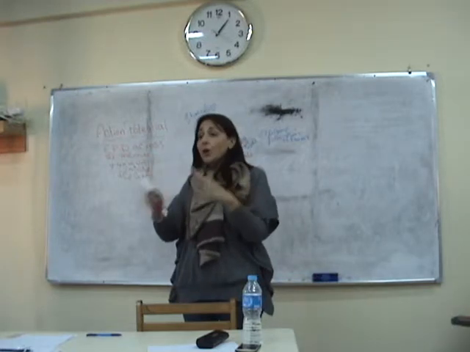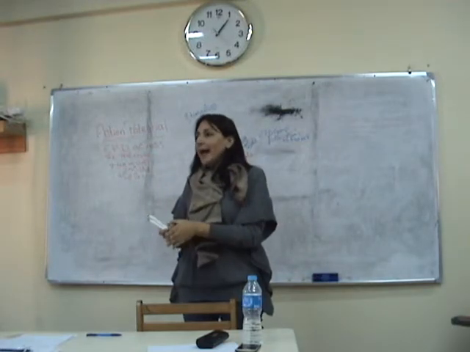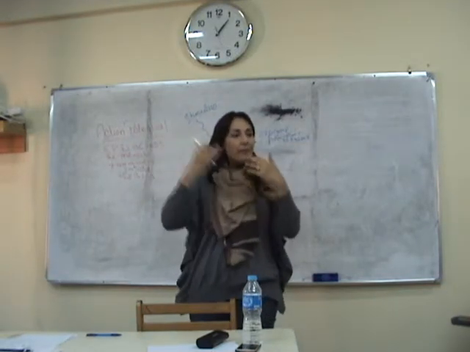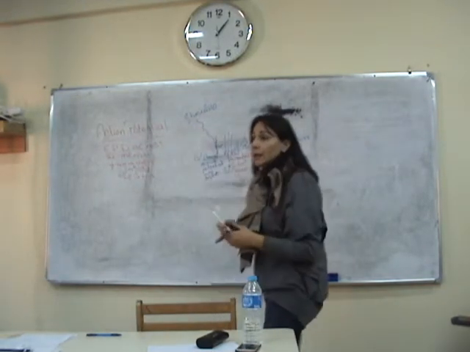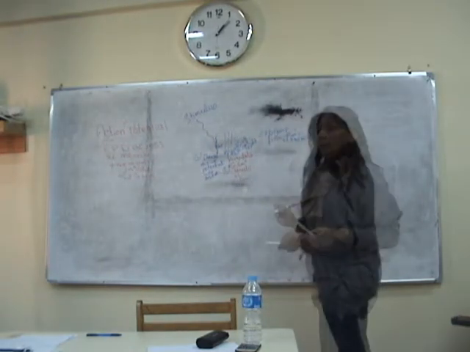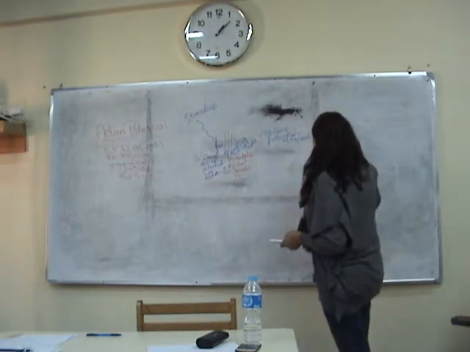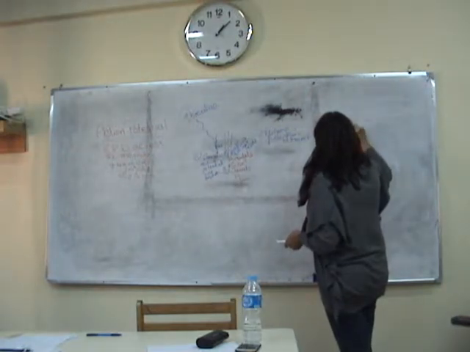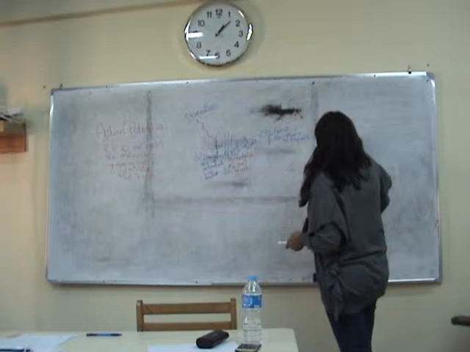I'll have a very large amount of sodium ions inside the axon. It will lead to a change in the electric potential difference from negative 65 up to positive 40. It generates an action potential.